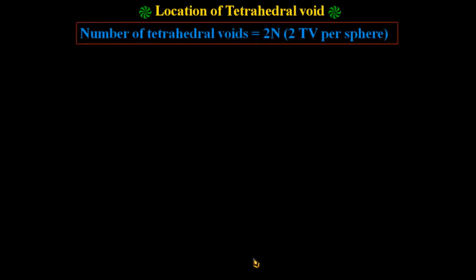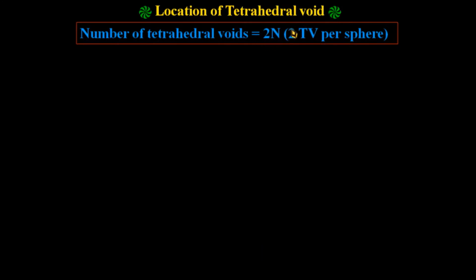First, we start with the location of tetrahedral voids. There are two tetrahedral voids for each sphere. If in CCP, n is the number of spheres or atoms present, then the total number of tetrahedral voids is equal to 2n.